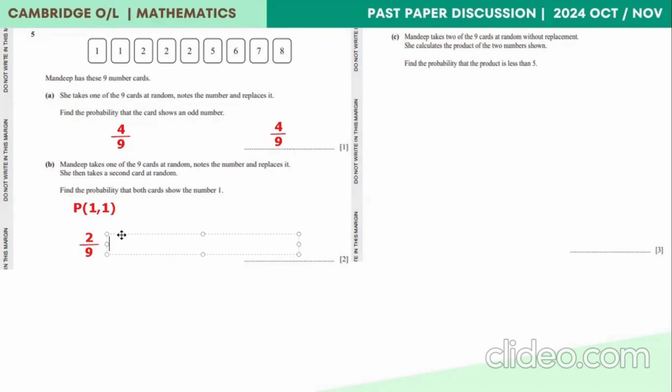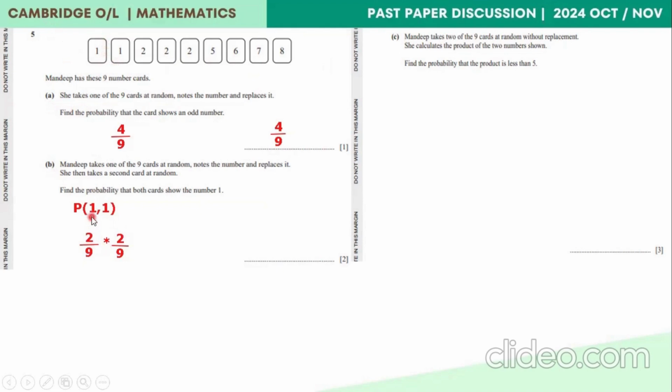So again, she notes the number and again replaces it. And again, they want to take 1, so that probability will again be 2 over 9. So she takes this 1 out, so getting 1 from the initial set is 2 over 9. Again, she keeps this 1, so again it's the usual 9 cards that we had before. So again, the probability of getting 1 is 2 over 9.